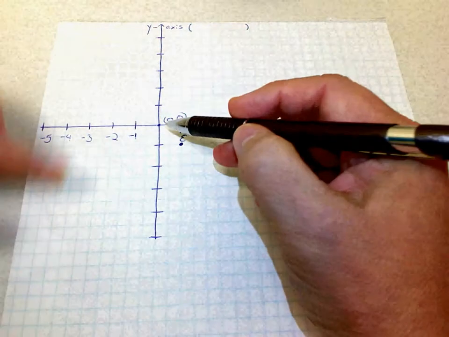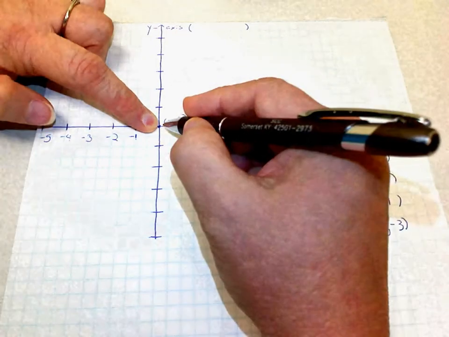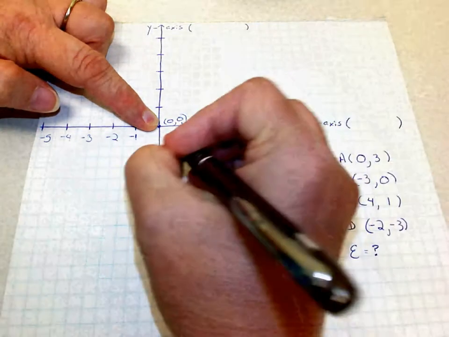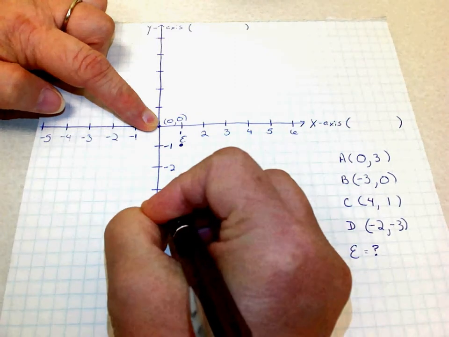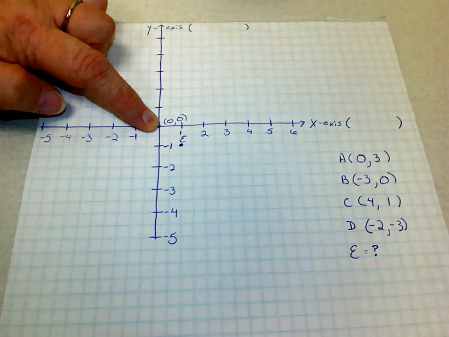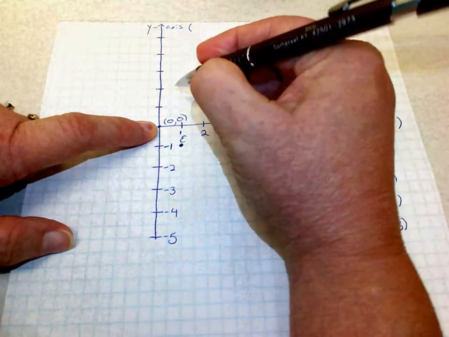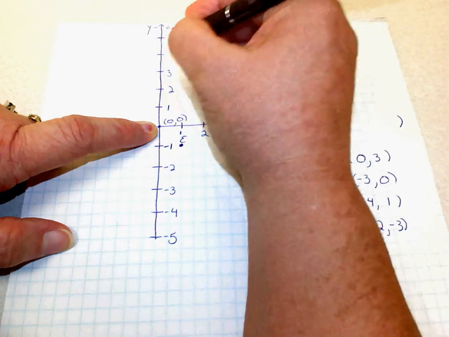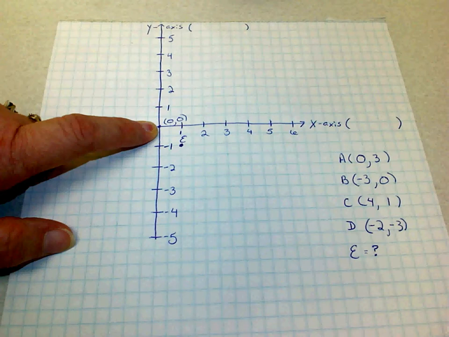Same thing happens when I've got a number line that stands up. If I go to the bottom or down from 0, it's also negative. -1, -2, -3, -4, -5. So if I go above 0, then I have +1, +2, +3, +4, +5, and so on.